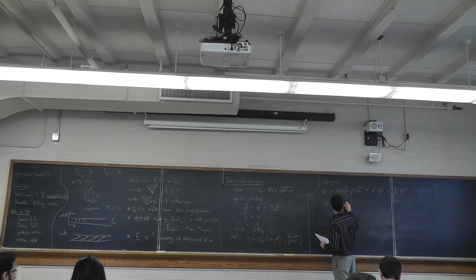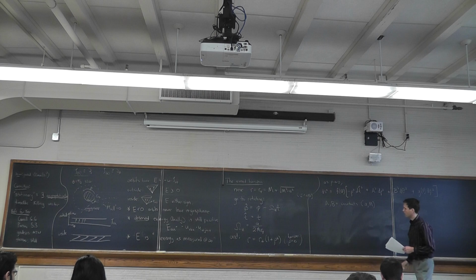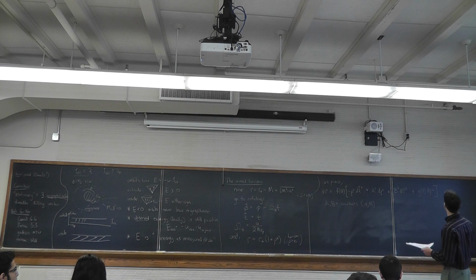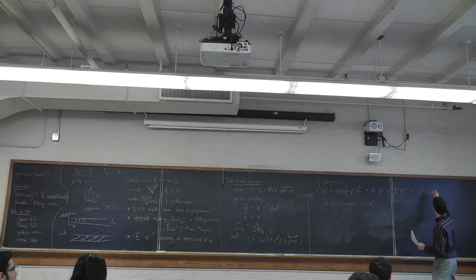A and B here are constants that depend on little a and big M, the mass of the black hole. Did I mess something up? That should be phi hat.